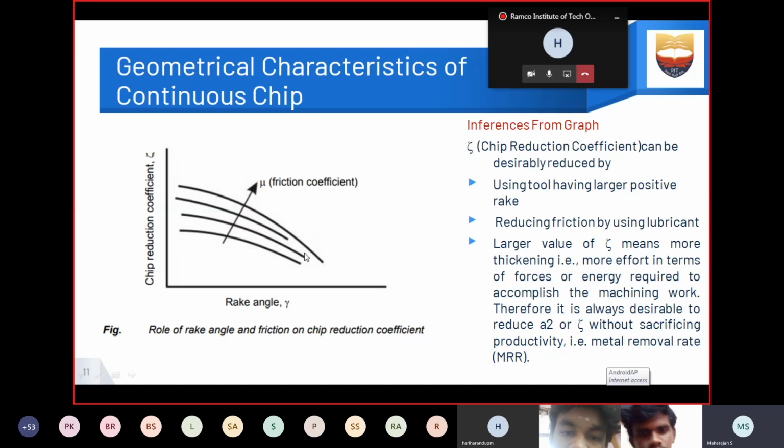Chip reduction coefficient means the thickness of the chip after cutting should be as low as possible. That is our aim for a better machining process. That is what we are going to see in this graph. We can have some idea about chip reduction coefficient, friction and rake angle.